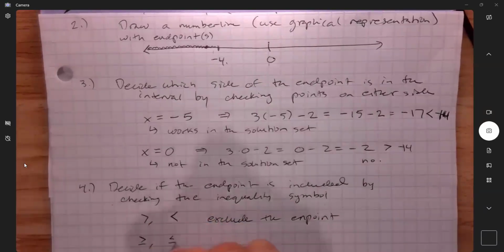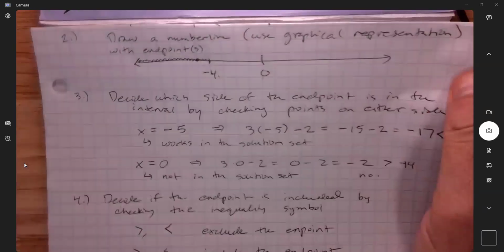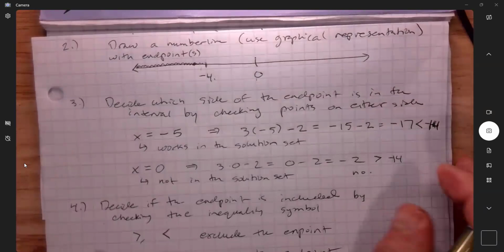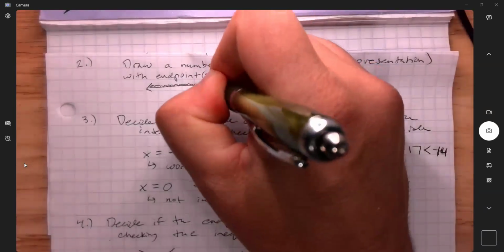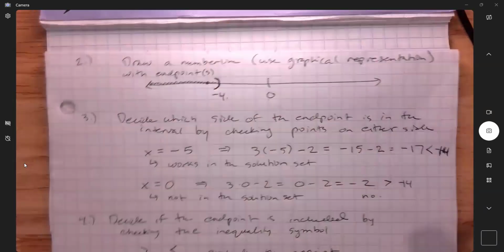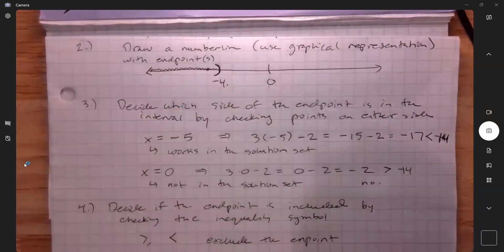And a greater than or equal or a less than or equal means include the endpoint. The formula was a strict less than, so I'm going to exclude the endpoint. So here I'll draw my open parenthesis, and there's my solution set.